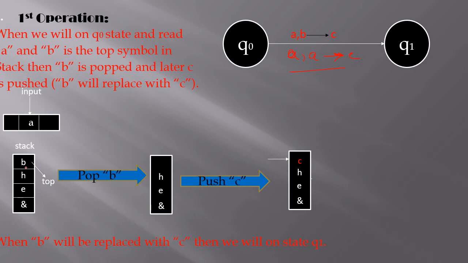Whenever we say pop, the top element in the stack has to be removed. It says pop A, but there is B, so we say error. This operation is not allowed. You cannot move from Q0 to Q1 if this condition is violated. So I hope this example is clear.